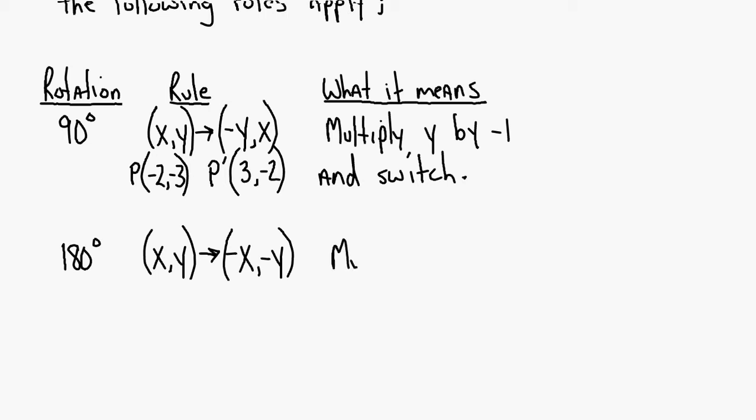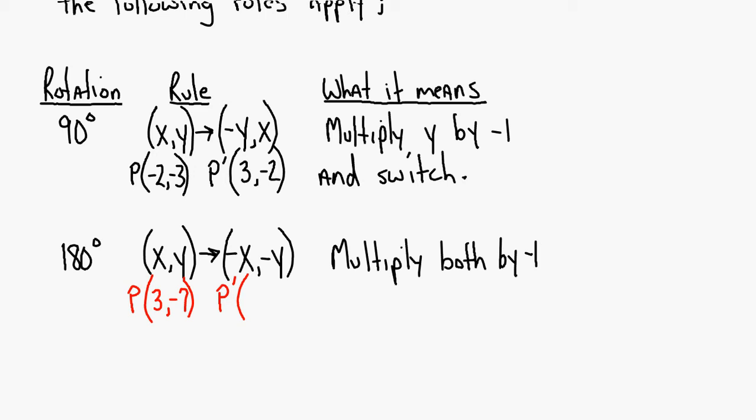So if you're given a point and it's at 3, -7, after a 180-degree rotation, its coordinates are going to be -3, 7.